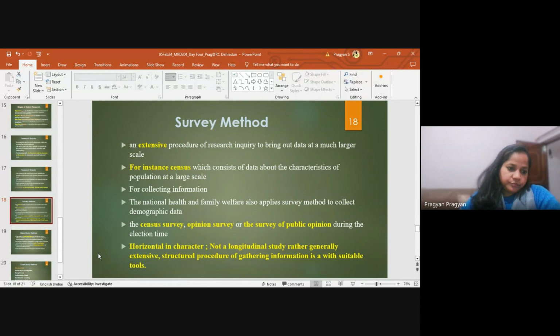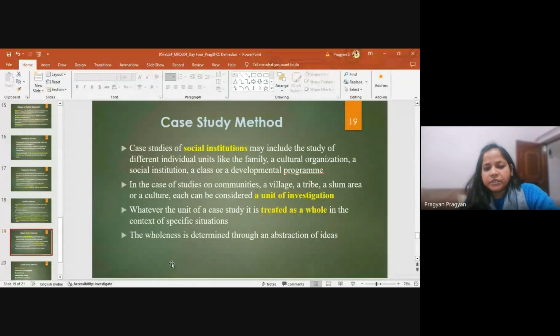But in the case study method, it is just the opposite, because it is not extensive. Let me tell you again, you are trying to zero down on one sample or two samples or five only. It is not much in terms of number.